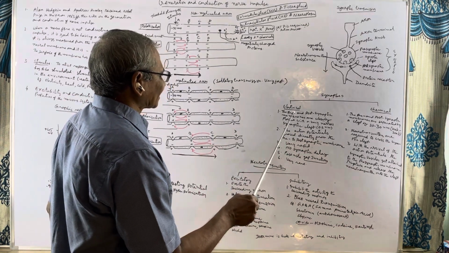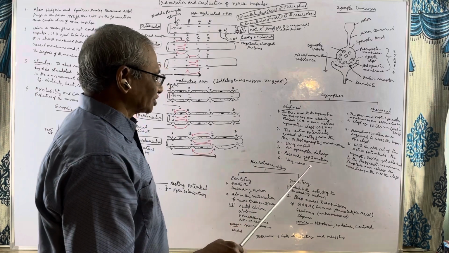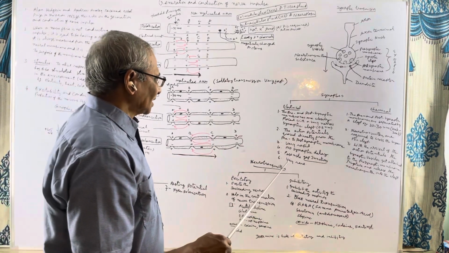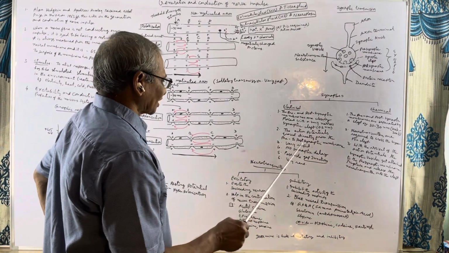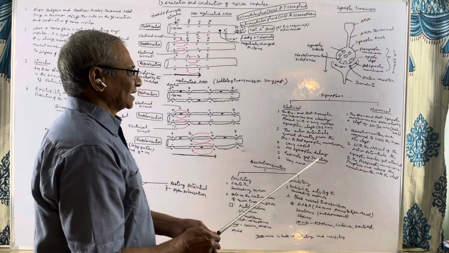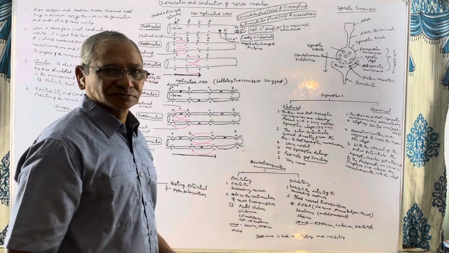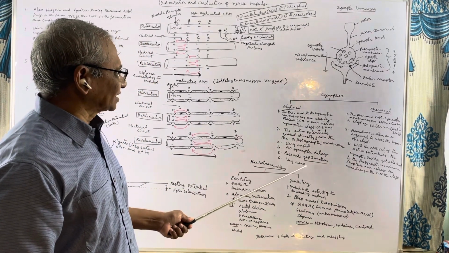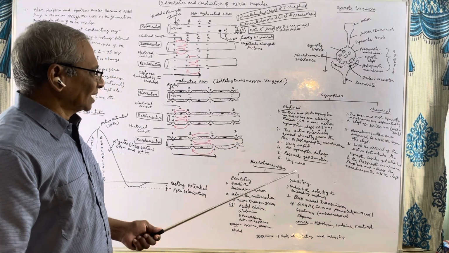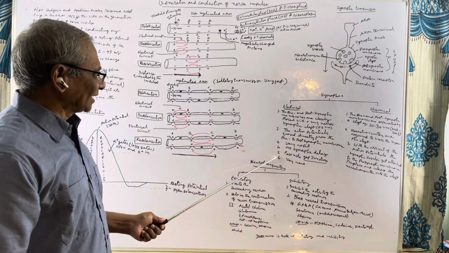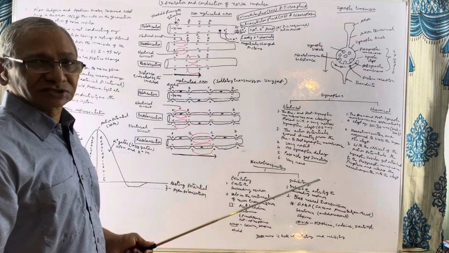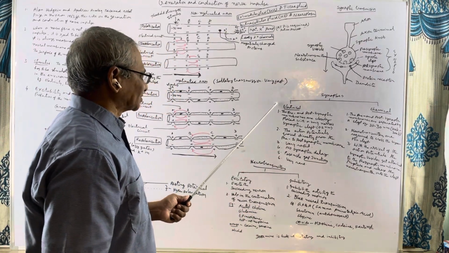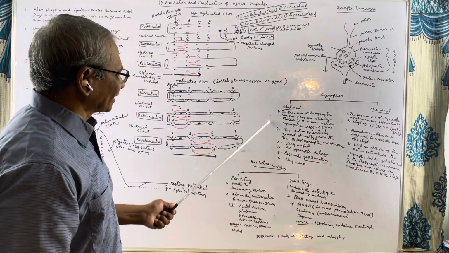Then these electrical synapses resemble gap junctions. Gap junctions are found in the cardiac muscle and other cells. But these electrical synapses are very rare, whereas the chemical synapses are common. There is a safety mechanism in the case of chemical synapses, but that is absent in the electrical synapses. In the case of electrical synapses, the impulses travel in both directions, forwards and backwards.